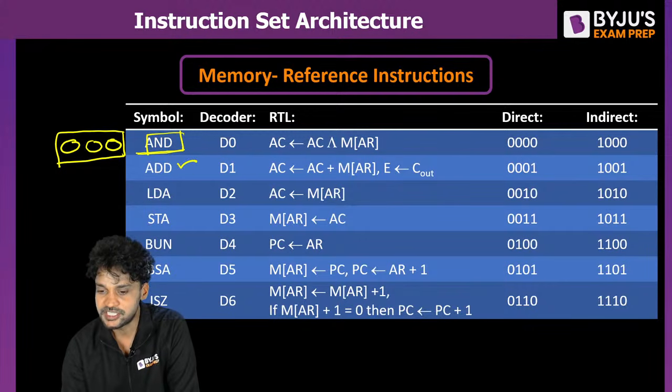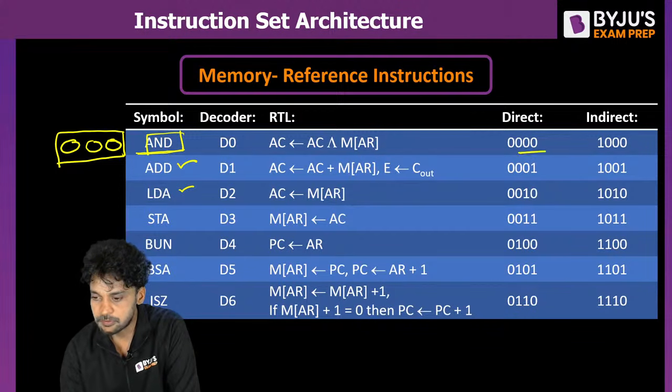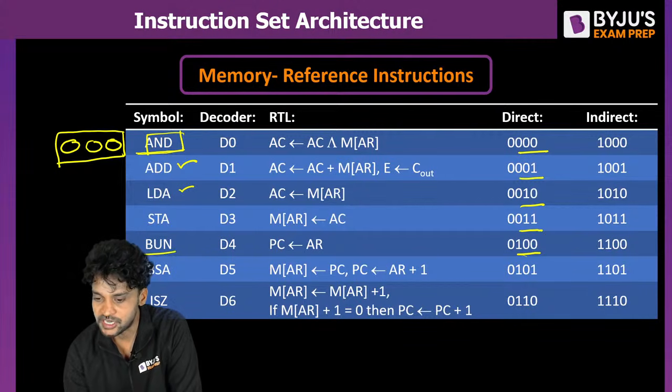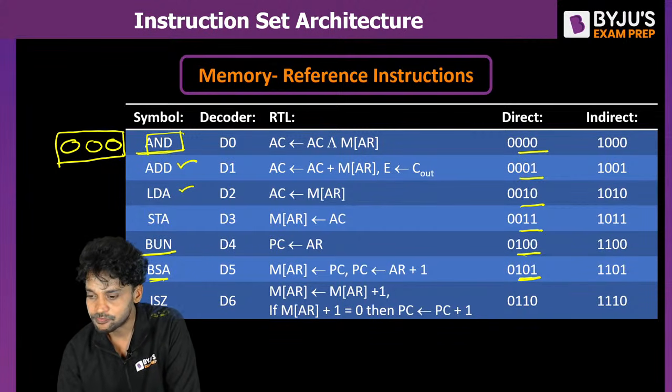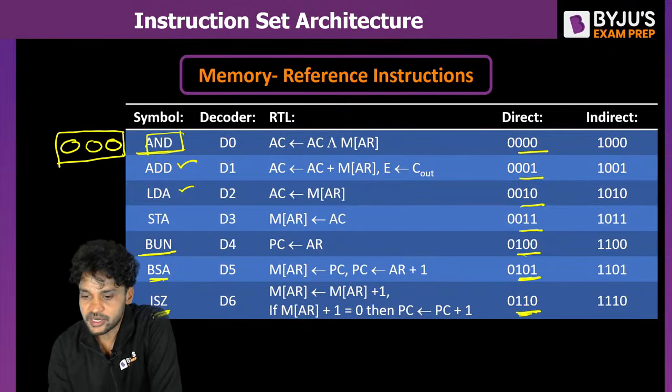If 010, the operation is load. 011 is store, and 100 is BUN. What is BUN? Branch unconditionally. BSA is branch and save the return address. ISZ stands for increment and skip if zero. That is 110.